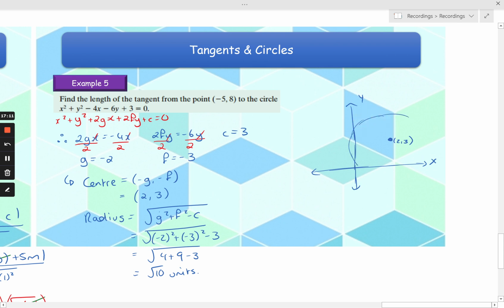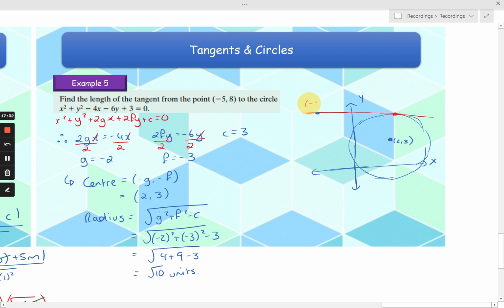I'm going to draw the sketchings of a circle. They're saying that minus 5, 8, which I know would be back across the x-axis somewhere here, is on a tangent to the circle. So not on the circle, it's on a tangent to a circle. Which would look like this.